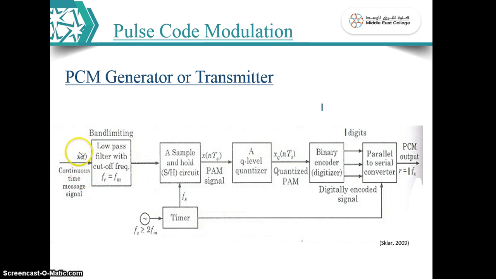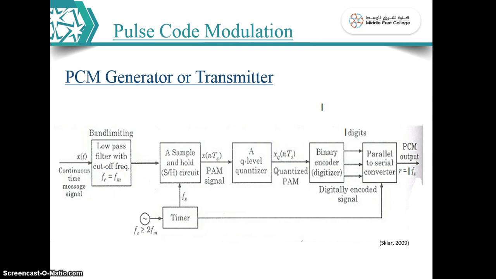That is the reason this low pass filter is being used here. You are band limiting your message signal to a maximum frequency FM, so that you can sample at the rate 2 FM, because you should know what the maximum frequency is. That is the function of your low pass filter.